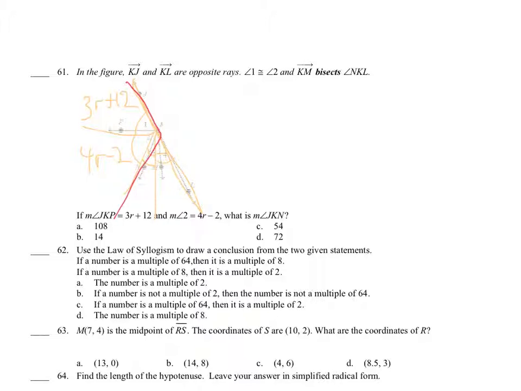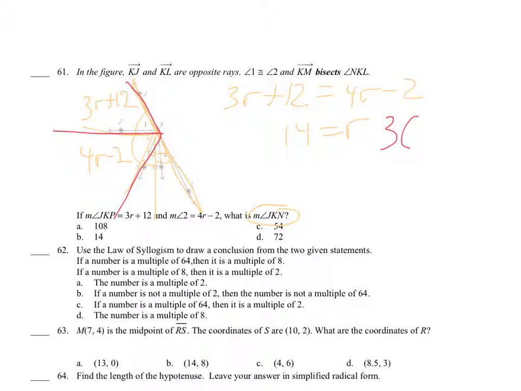Angle 1 and 2 are congruent, so we can set 3R plus 12 equal to 4R minus 2. Solve for R, and you get R equals 14. Now that's not our answer because they want to know the measure of JKN. Well, JKN is made up of angle 1 and angle 2, so we're going to plug 14 in for R.